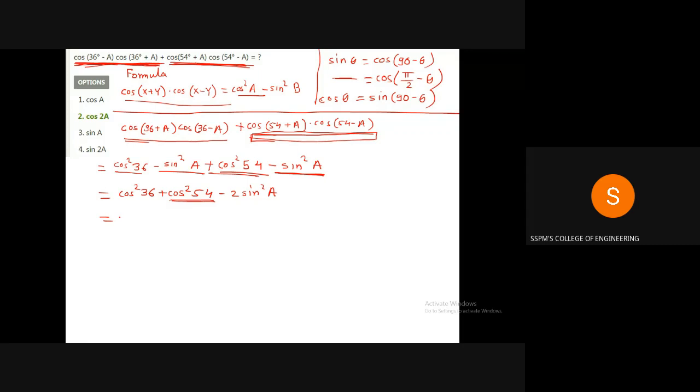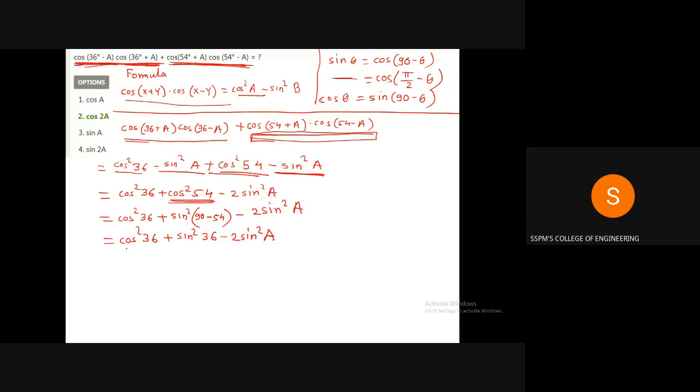We can write cos square 36 plus cos square 54 as sin square of 90 minus 54, minus 2 sin square a. So we have cos square 36 plus sin square 36, because 90 minus 54 is again 36, minus 2 sin square a.